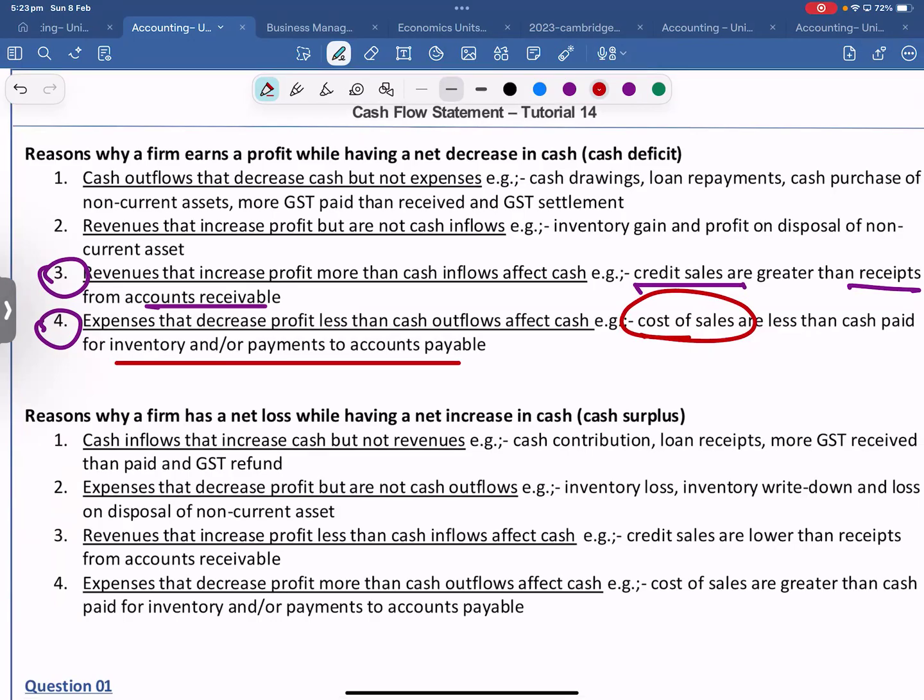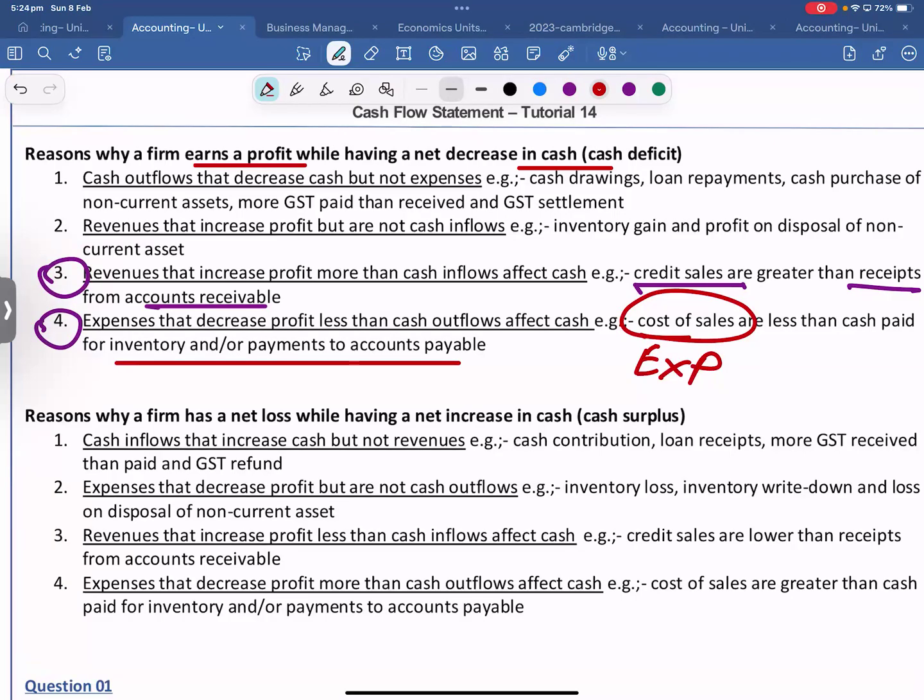So basically, what are we talking about, guys? Reasons why a business earns a profit while making a net decrease in cash. That means we have made more revenues than cash inflow. So basically what has happened is we have made more revenues, less expenses, while making less cash. So technically, cost of sales is an expense, yes.